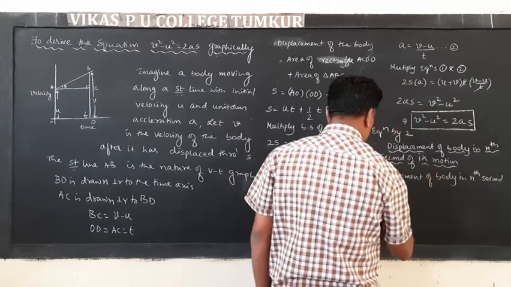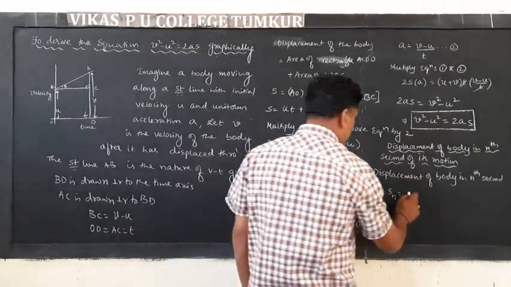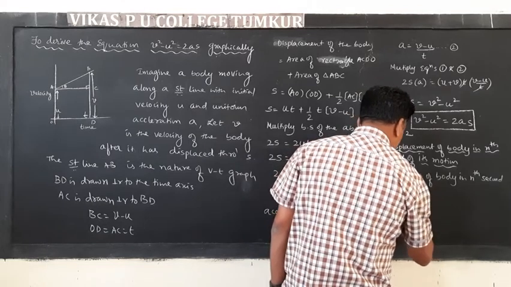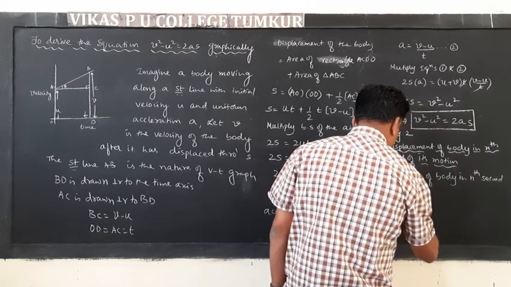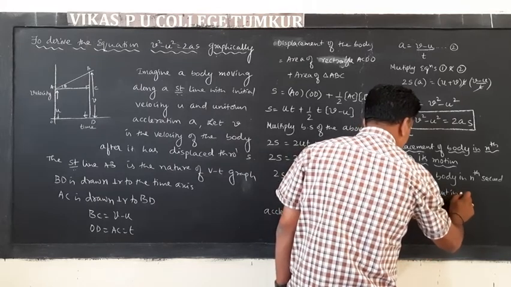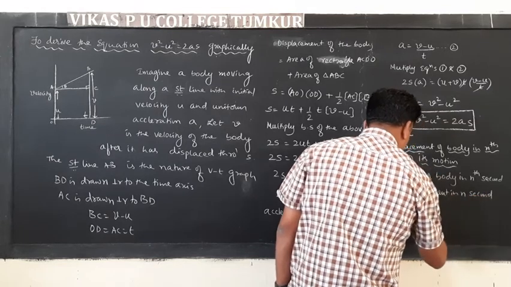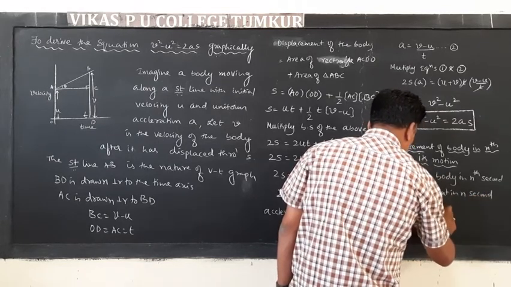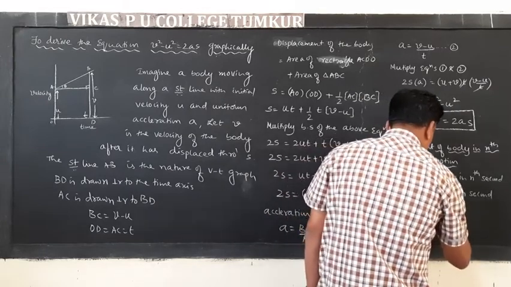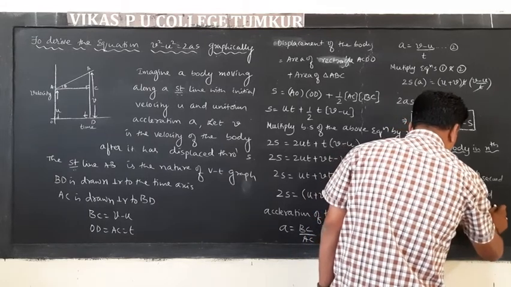So let us call it as S_nth is equal to displacement in n seconds minus displacement in n minus 1 seconds.